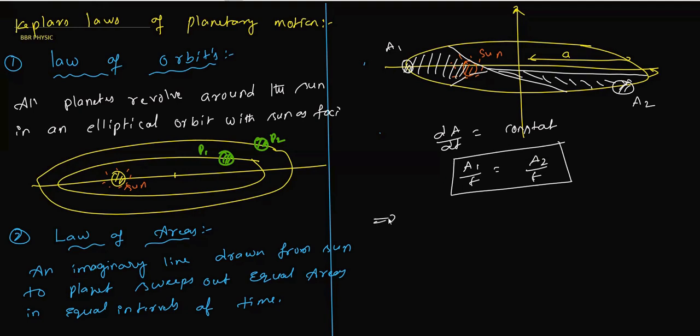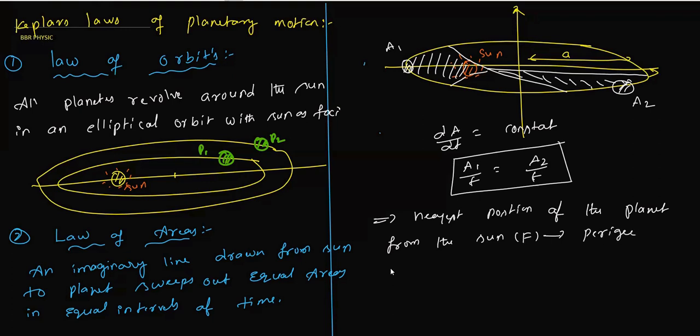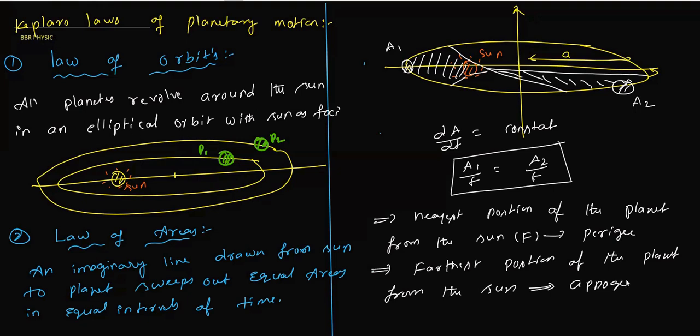So what we can write here as the next point: the nearest position of the planet from the sun, the focus, is called perigee. Similarly, the farthest position of the planet from the sun is called apogee.